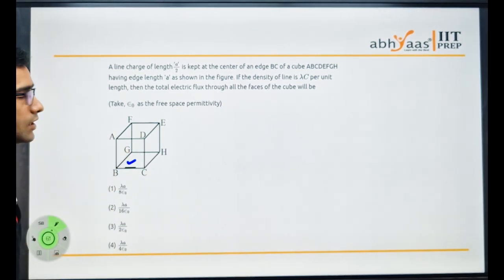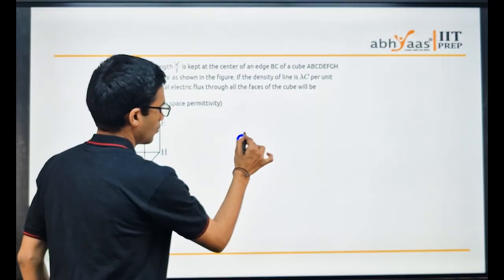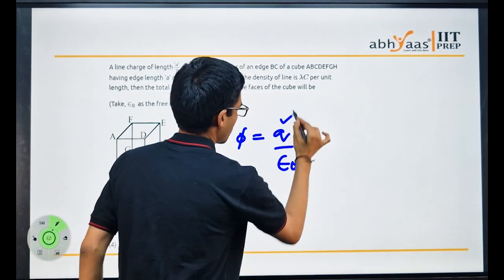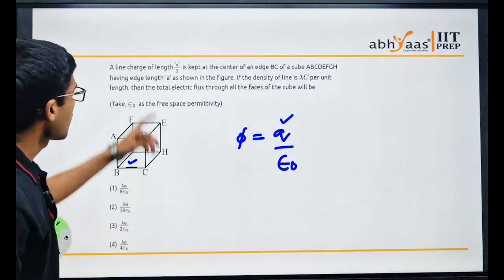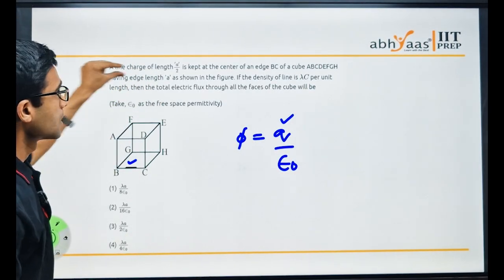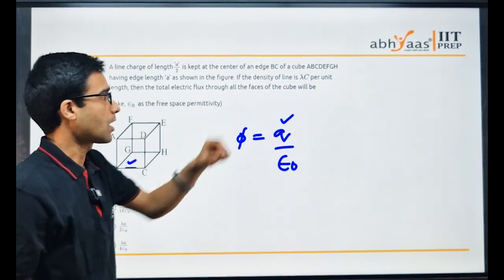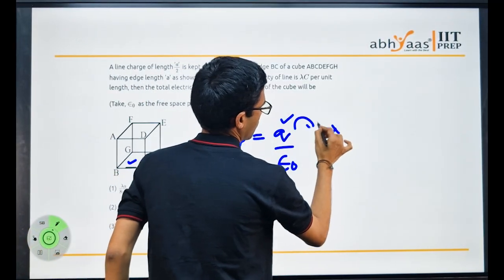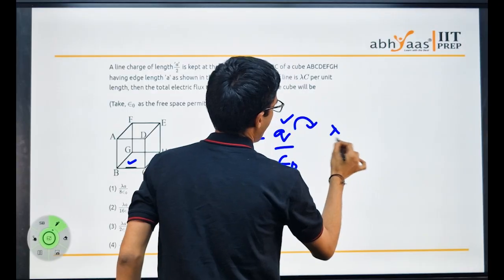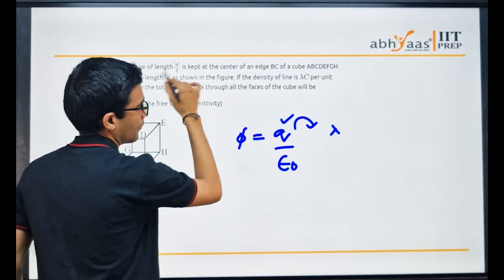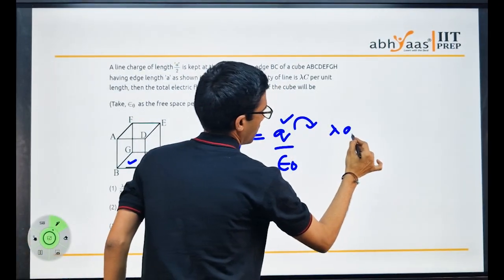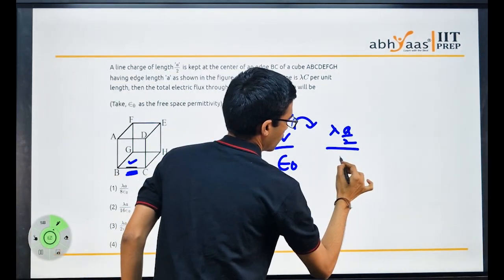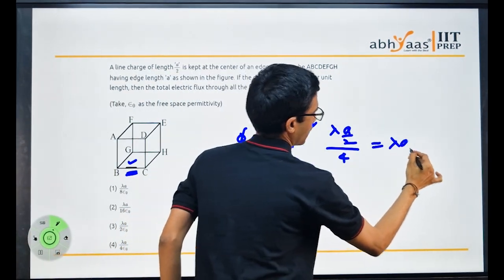From the electric flux, by Gauss law, phi is equal to Q by epsilon naught. But you need to calculate this Q. How will you calculate it here? The linear charge density is given, that is lambda. So we calculate separately: lambda into the charge length that is given, a by 2. But it is situated exactly at the BC, that's why we are dividing this by 4, so you will get lambda a by 8.